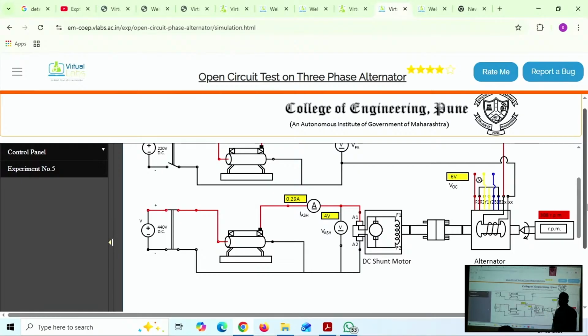Yes, correct, because the prime mover is the main source for the alternator input. If you have something at the input side, though losses may occur, the rest can be assured, so that the alternator will get sufficient power input, right?